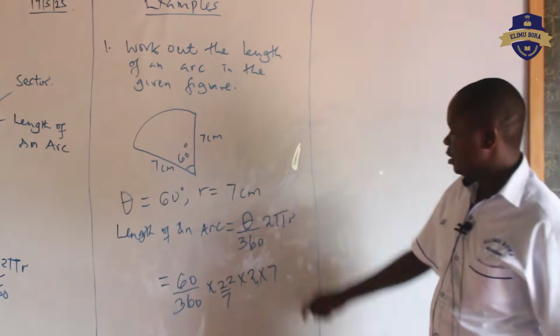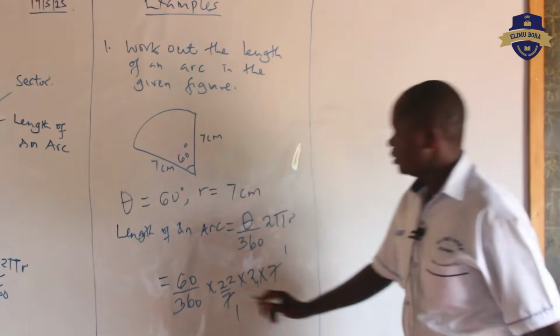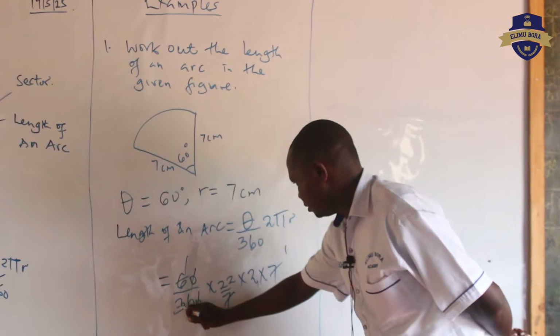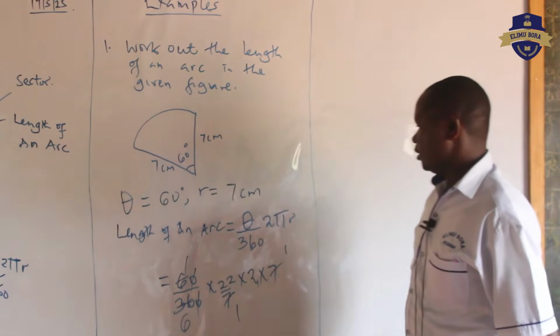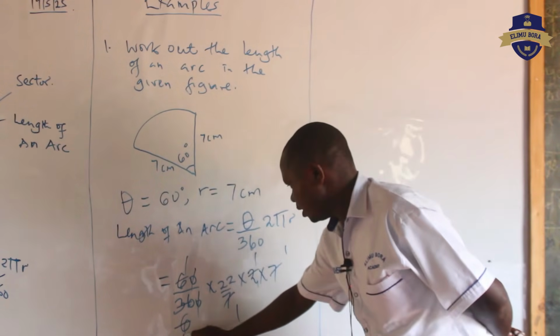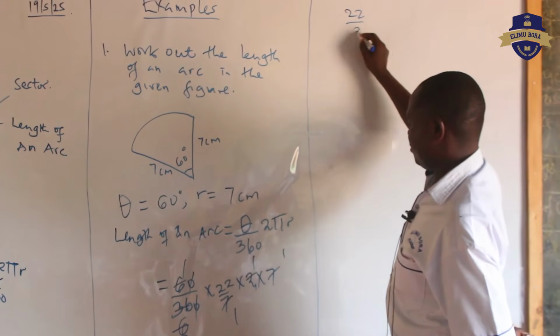So 7 and 7 cancel. 0 and 0 cancel. 6 goes here 1. 6 here 6, isn't it? 2 here 1. 2 here 3. So it's going to be what? 22 divided by 3.